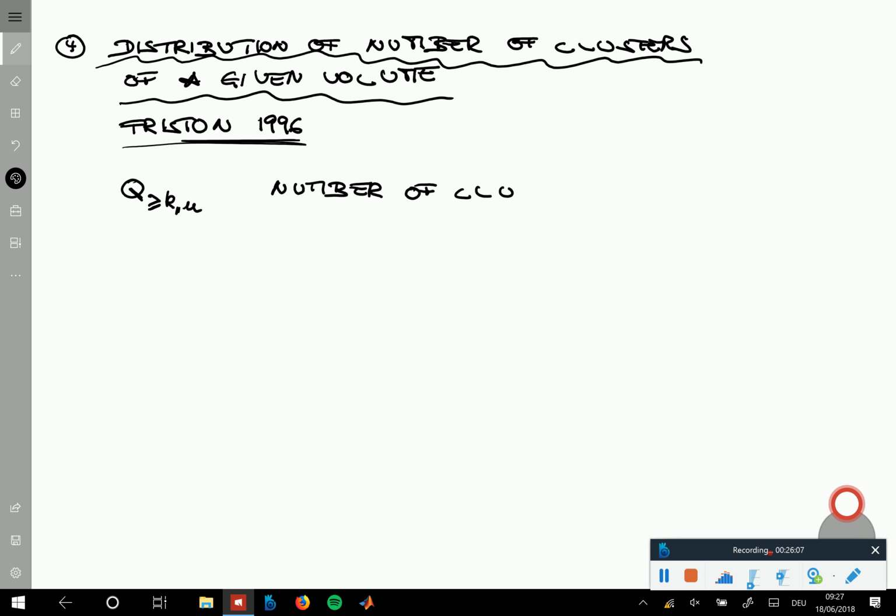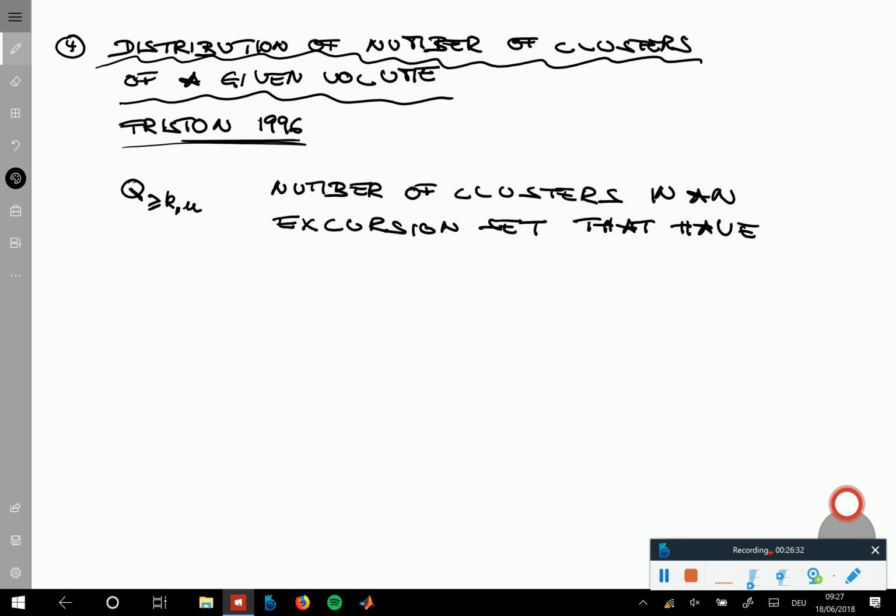So it's a number of clusters in an excursion set that have a volume larger or equal to K. So imagine you get a realization of an excursion set, based on some threshold U, and then let's say in total you have 10 clusters.